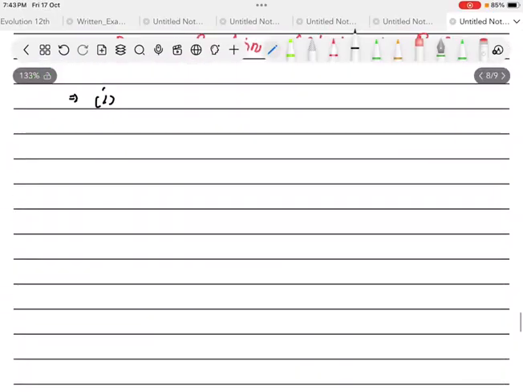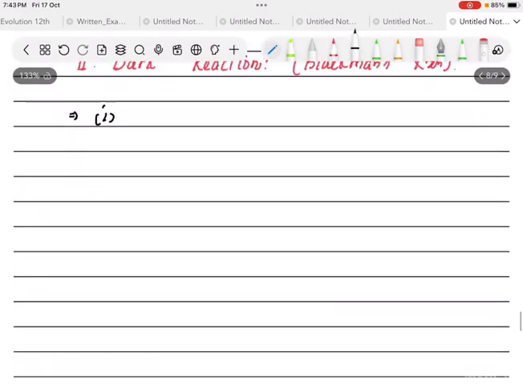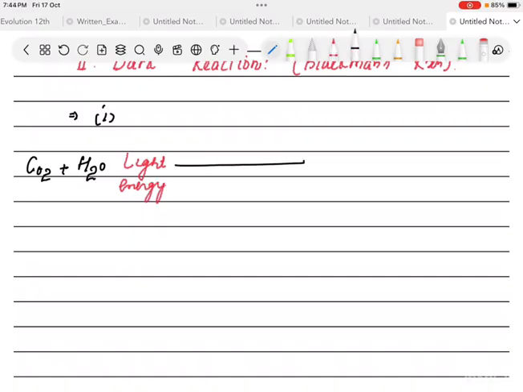We wrote the reaction of photosynthesis as carbon dioxide plus water, which combine in the presence of light energy and in the presence of chlorophyll to form C6H12O6, that is glucose, and oxygen and water. Till now we saw there was only production of oxygen during the light reaction, by splitting of water. We do not have any glucose molecule produced yet.